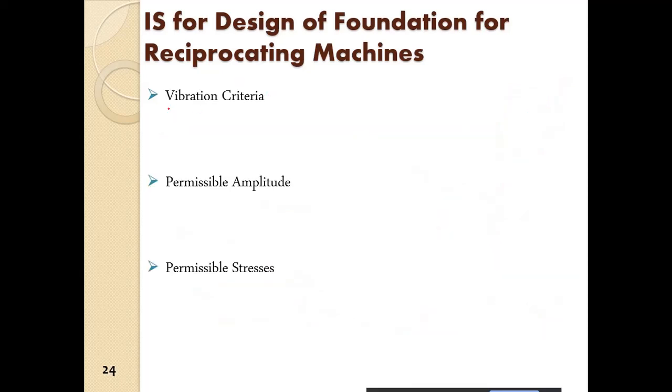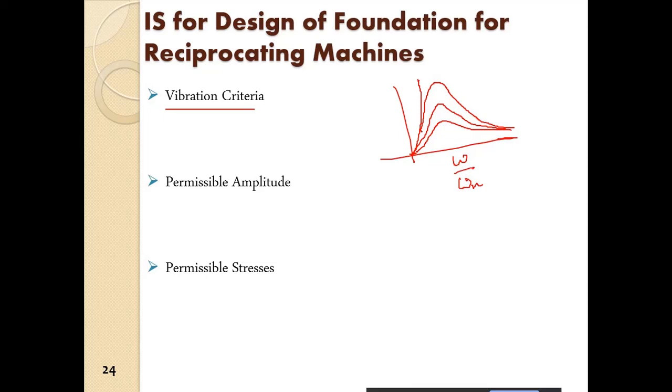Obviously, apart from that, we need to check the vibration criteria. We have already discussed that. If we plot, we see that the magnitude of displacement increases with the frequency factor omega by omega n, and this is the magnification factor.